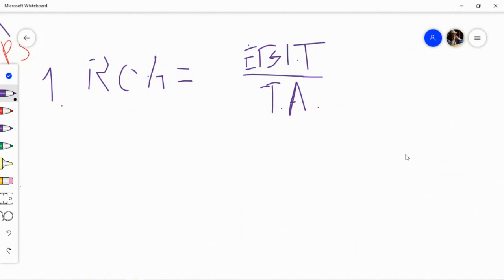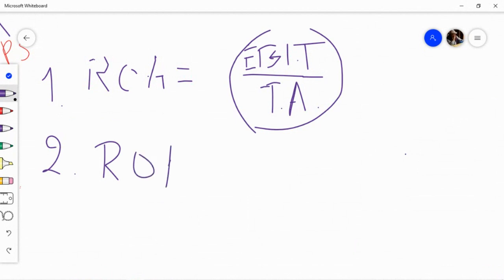Okay, so in that sense, this measure of ROA is more relevant, but the second formula, which is traditional, EAT over total assets. But then let's see how this can be tweaked and how this can transform.